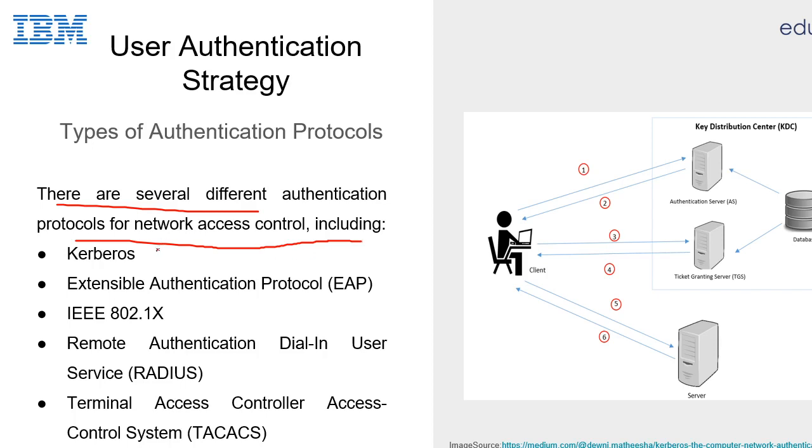For example, Kerberos, Extensible Authentication Protocol, IEEE 802.1x, Remote Authentication Dial-In User Service (RADIUS), and Terminal Access Controller Access-Control System (TACACS). So these are the types of protocols used in network access control.